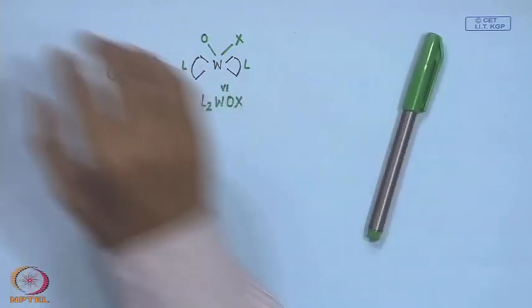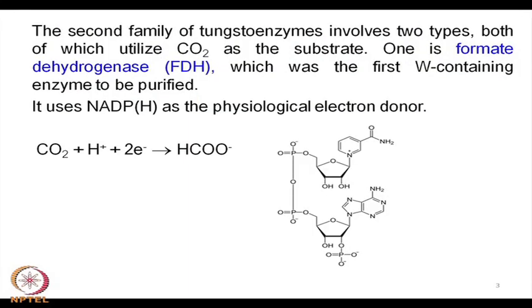And in this particular case, when we see this family of enzymes, when we have the formate dehydrogenase, again CO2 is our substrate and this CO2 substrate is utilized for the transformation.